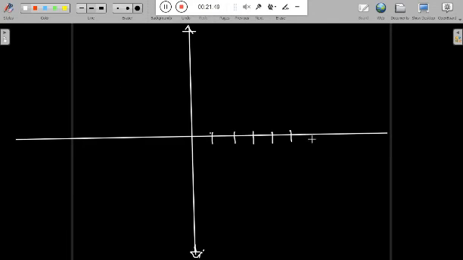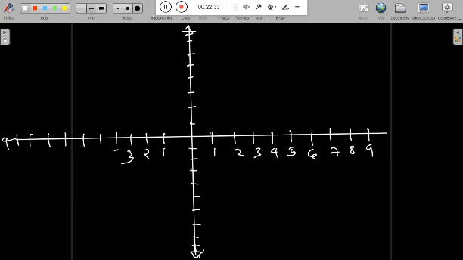We are not actually going to use the proper scale, so we are going to draw it roughly. That is only to show you an idea of how we deal with this kind of equation.